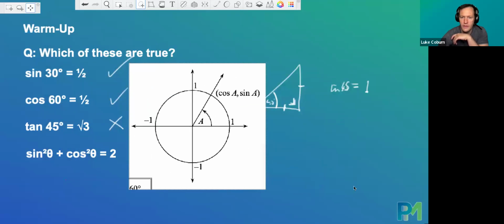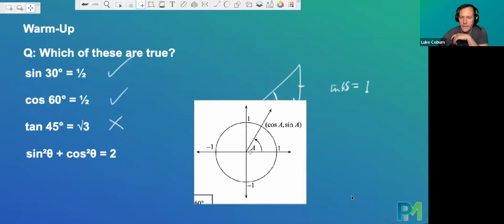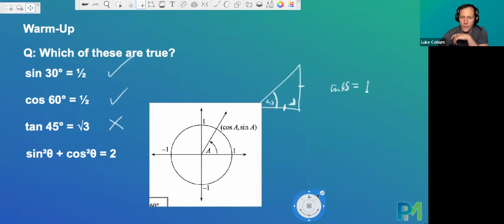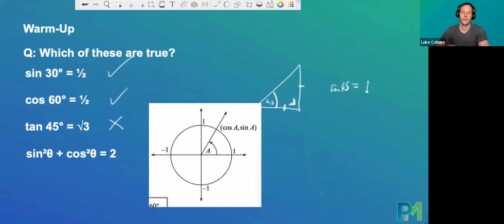Okay, this is a picture of the unit circle. What does it mean by unit circle? It just means a circle that is centered here on the origin, and it has a radius of 1. If we have a point on that circle here, what do we know?